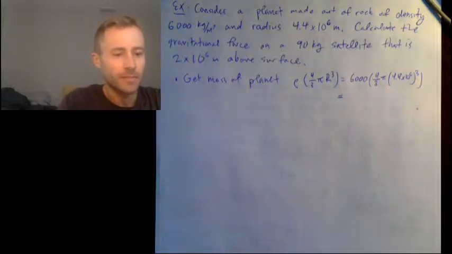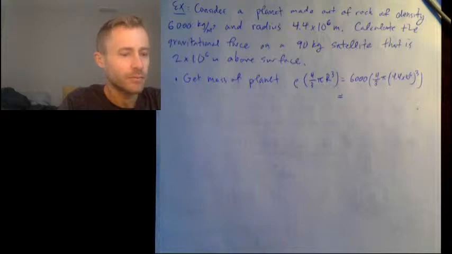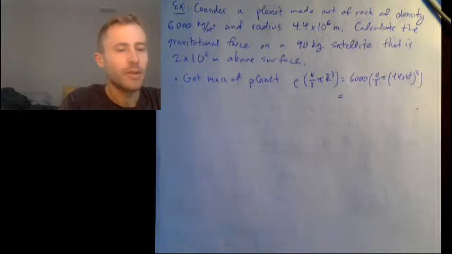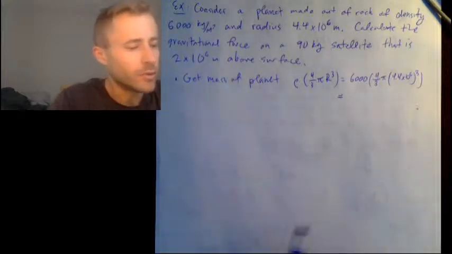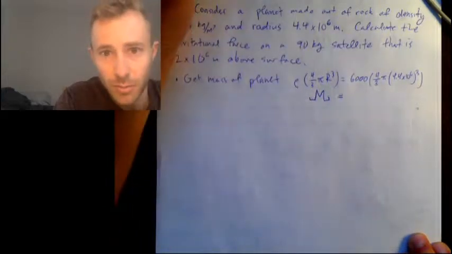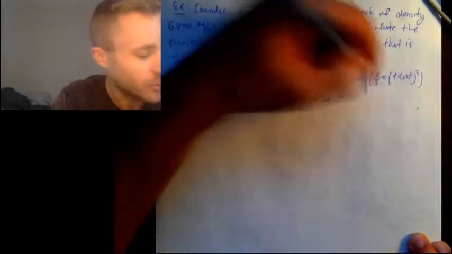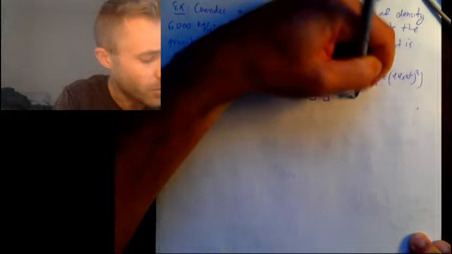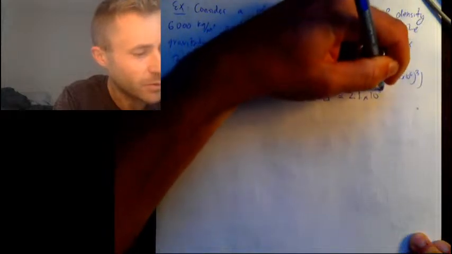So the mass of the planet, that's big M because the planet is the thing creating the gravitational field, is 2.1 times 10 to the 24th kilograms.